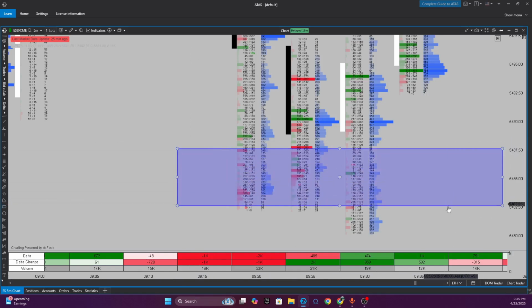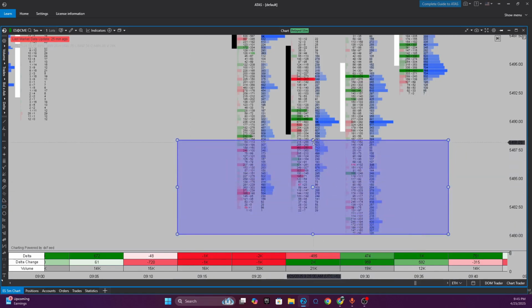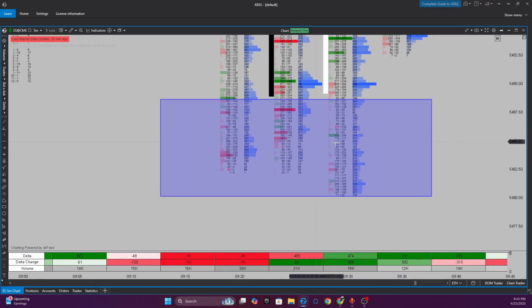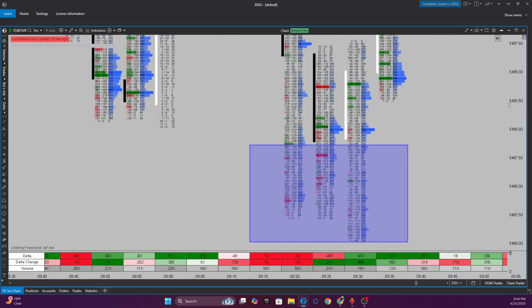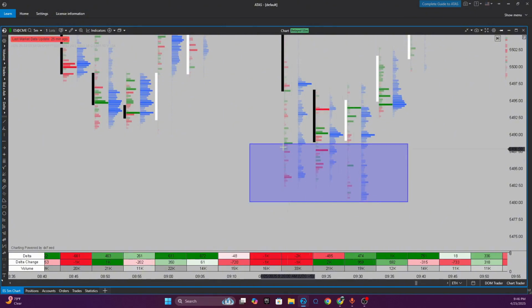Down at these lows, you see large amounts of seller delta coming in, much more than the buyers. Although we do see this decent sized buyer delta load, there is heavy selling coming at this level. And even though heavy selling is coming in, price is not able to continue to break through, and we're seeing divergence between candles, especially on these 3 candles.